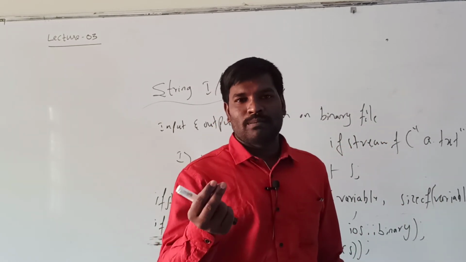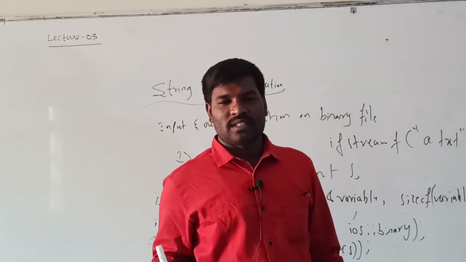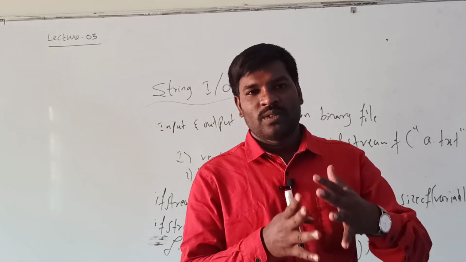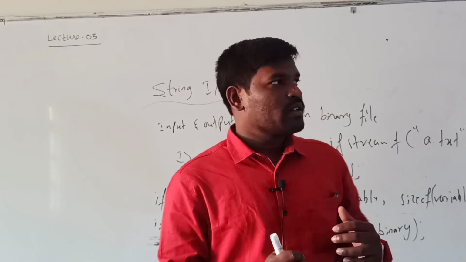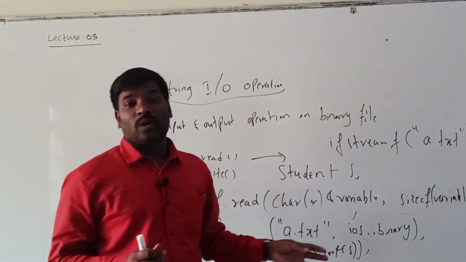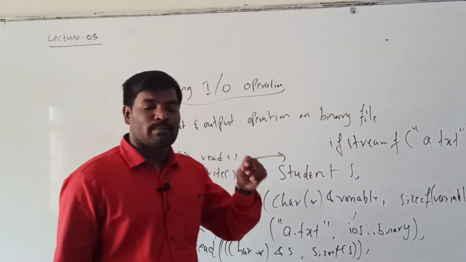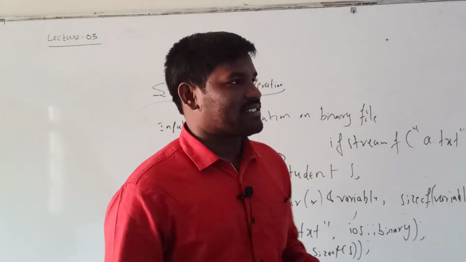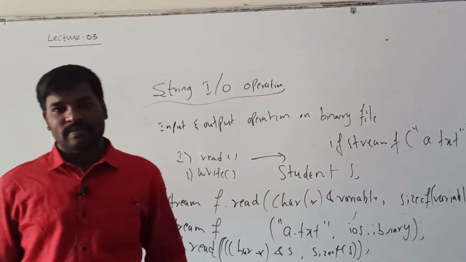The size of the integer is 2 bytes, the name is 10, so the total is 12 bytes. Here the size of yes is 12 bytes. So depending upon the number of variables and the data types, it will get the size. That will be decided by the object.